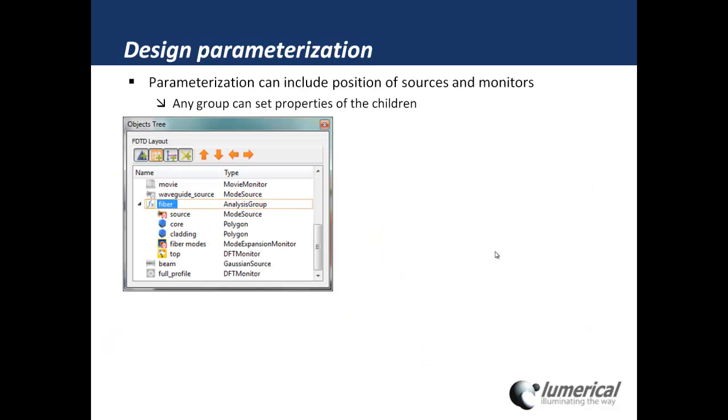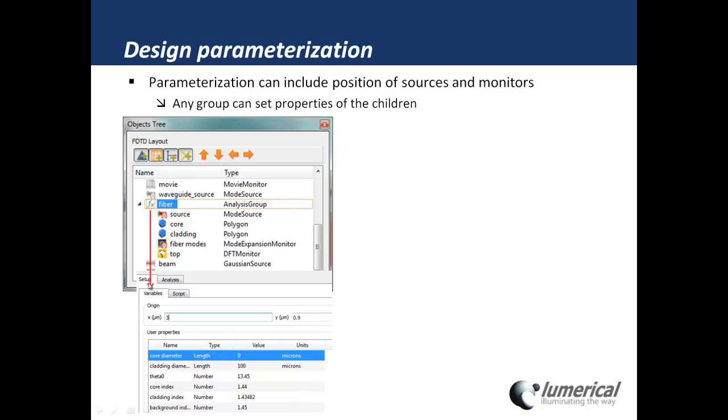And in fact, you can parameterize any group because the group can set the properties of its children. So even the fiber itself is actually parameterized. The way that it works is you can, first of all, add in the variables that matter. In this case, we have things like the core diameter, the cladding diameter, the angle, the core index, cladding index, and so on.